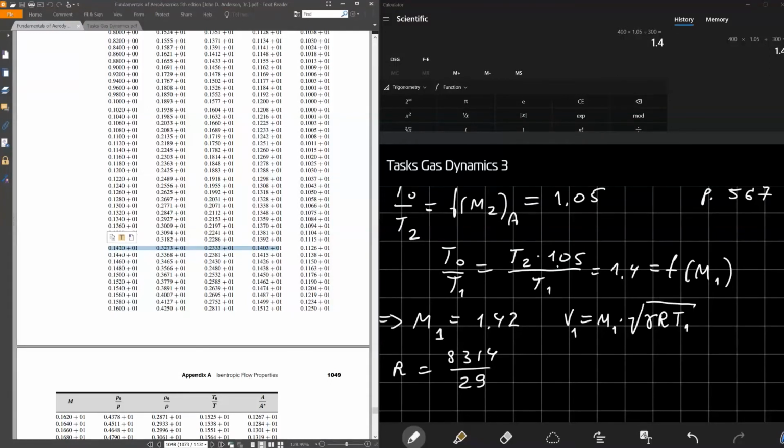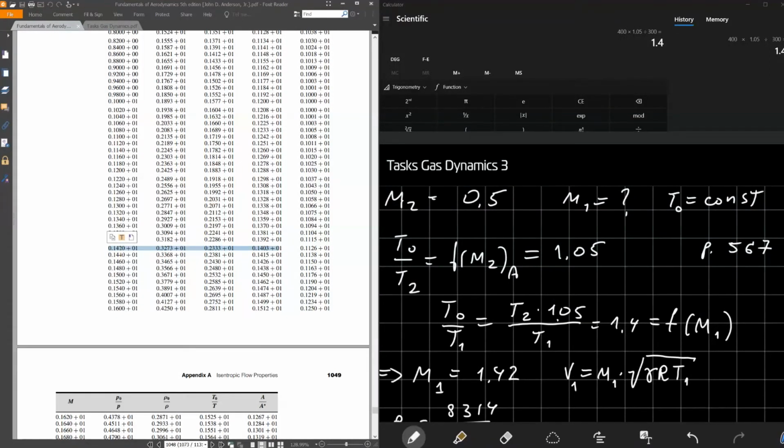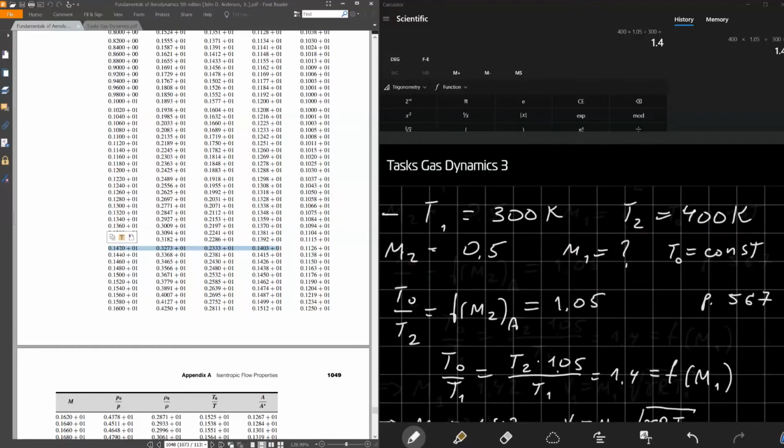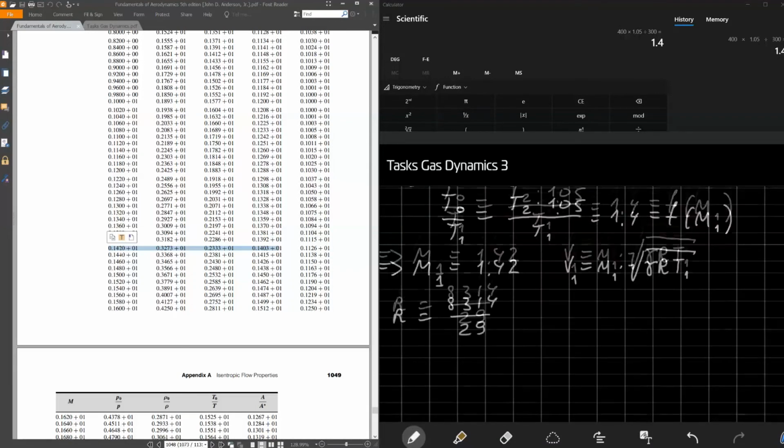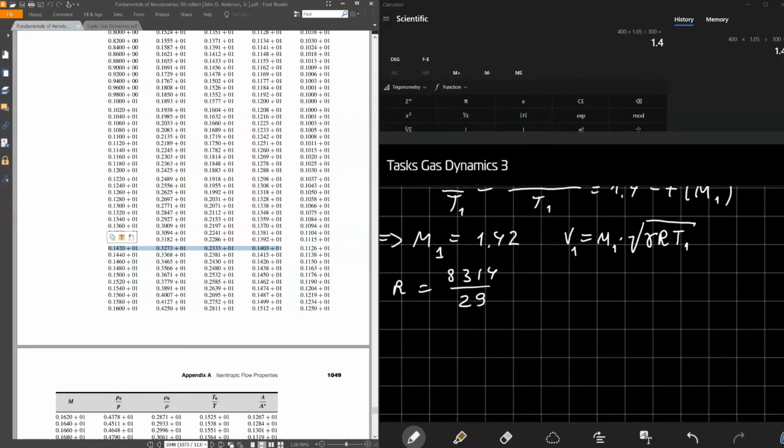Okay. Let's have another example. Previously we had temperature 1, temperature 2, and the Mach number. Now let's go to another parameter like pressure.